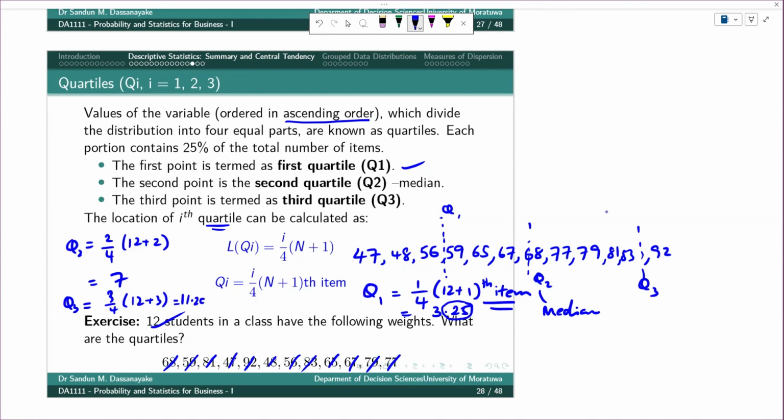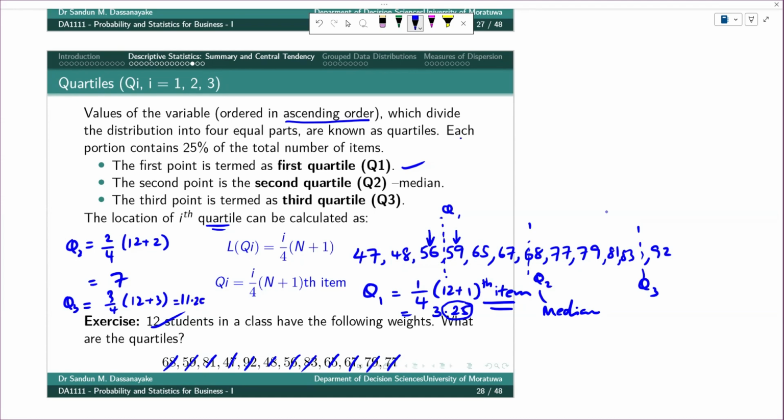To get this one, you need to get the first value in front of Q1 and the second value after Q1, that is 56 and 59, and assume that the distribution has a linear trend. If you order them, then from 56 to 59 it goes in a linear trend.